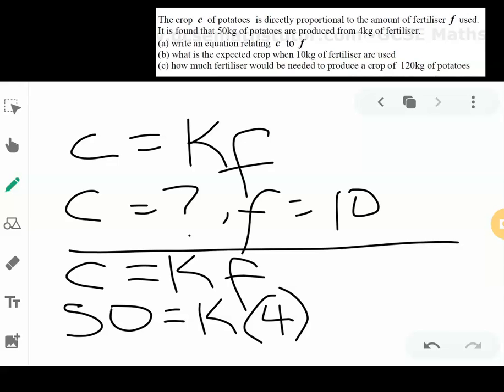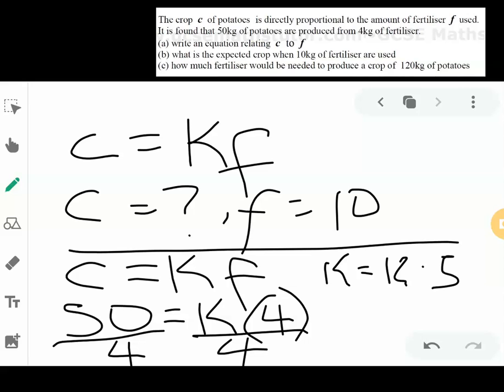So dividing both sides by 4, 4 into 5 is 1, 4 into 10 is 2, remainder 2, 4 into 20 is 5. So K would be equal to 12.5.